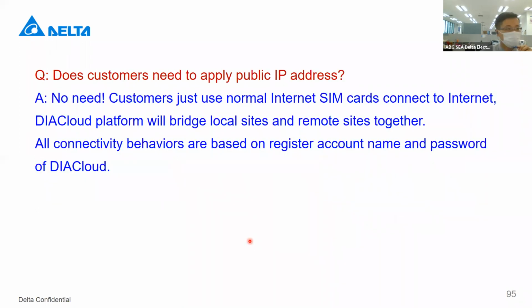Next, the question: does the customer need to apply for a public IP address for the cloud, for the Ethernet type? The answer is no need. The customer just uses a normal internet SIM card to connect to the internet, and our cloud platform will bridge all the local sites and remote sites together.